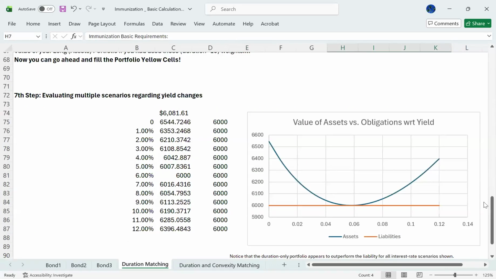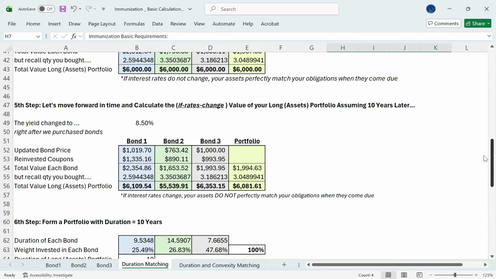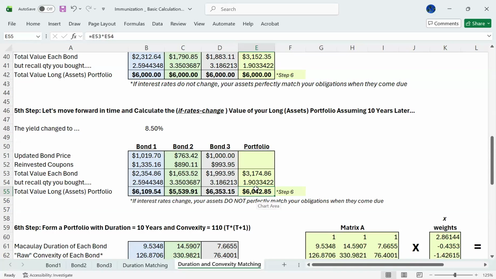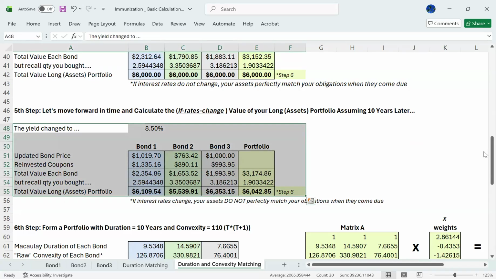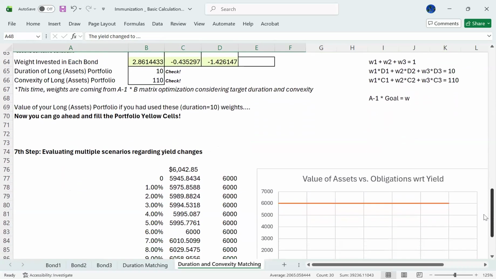So here we only considered duration. It was 6,081. Here I considered both. It's 6,042. So I am even closer. I'm getting closer and closer to the value of my liability after 10 years pass by.